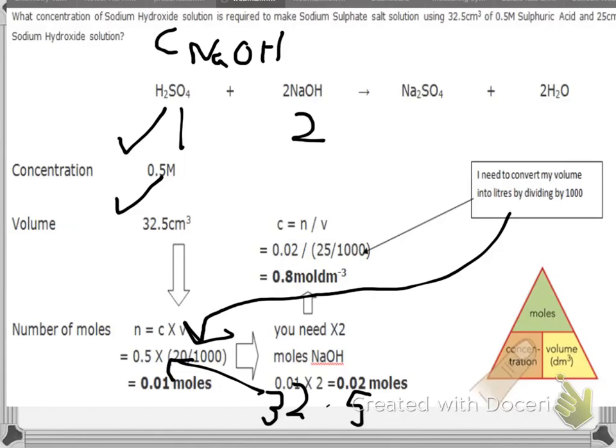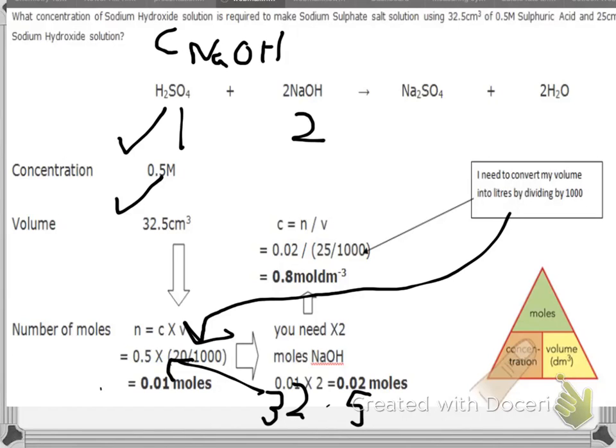So I need to multiply whatever number of moles of sulfuric acid I got by 2 to work out the number of moles of sodium hydroxide. Okay, so if I had 0.01 moles of sulfuric acid, I would end up with 0.02 moles of sodium hydroxide.